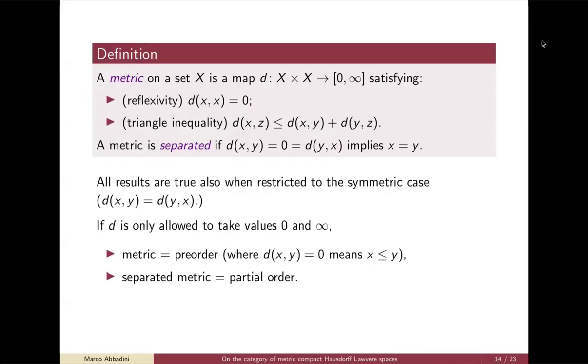Now, if you would like to also add the symmetry axiom, one can, and the main result I'm going to present will still hold. But it's not needed, and moreover, if you omit it, then we see better the connection with the order setting. One way to see it is that if d is only allowed to take values 0 and infinity, then a metric is the same thing as a preorder, where the distance between x and y equals 0 means x less or equal than y, whereas separated metric means partial order.